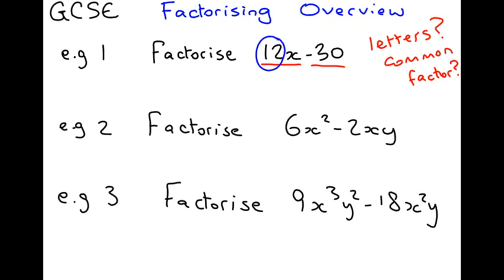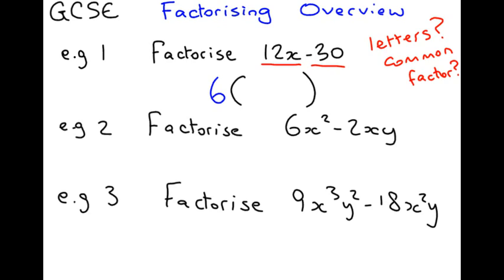But from 12 and 30, we need to think about a common factor and actually the highest common factor. What number goes into 12 and 30? Okay, so you need to think 6 goes into 12, 6 goes into 30, and there's no bigger number than 6 that you can use. So we put 6 outside a bracket.